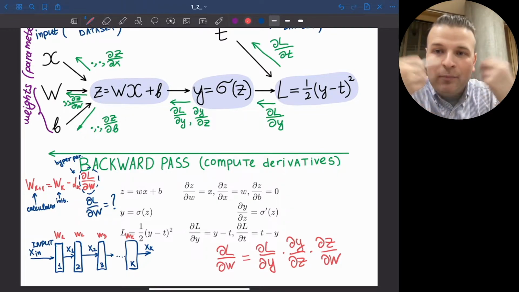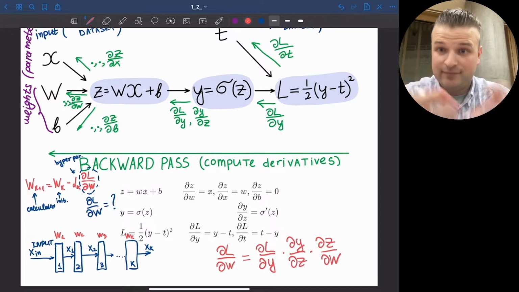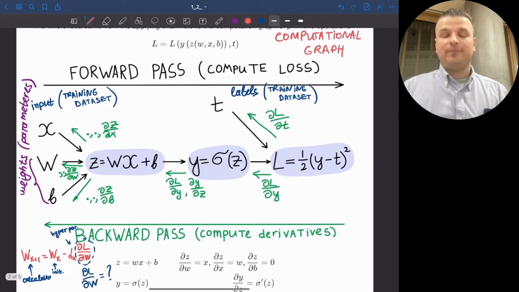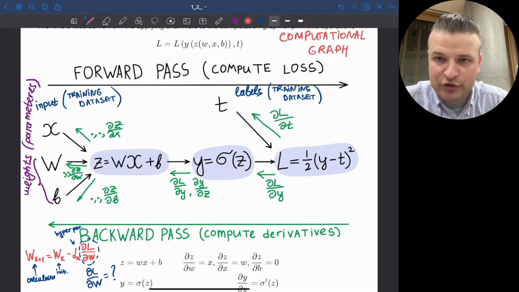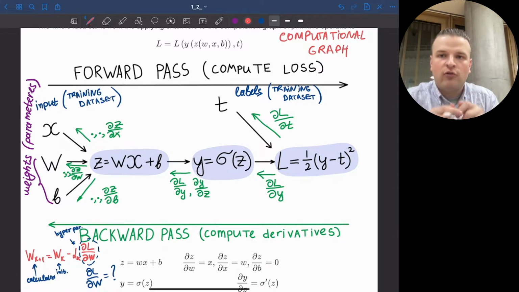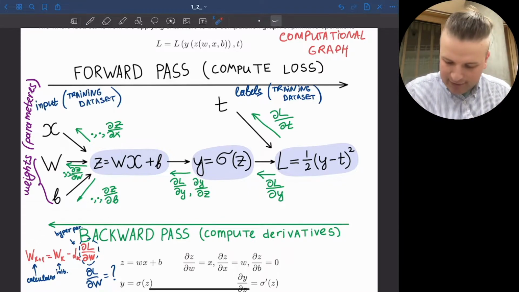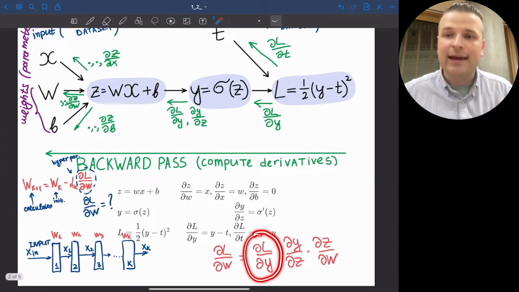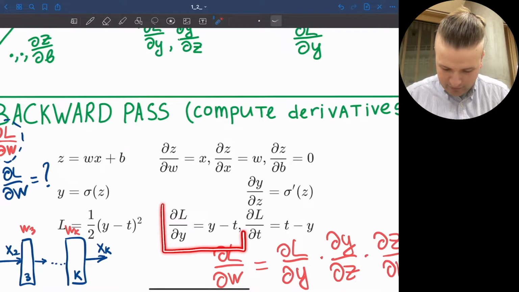But the whole magic here is how do we compute this multiplication? And we just rely on a computational graph here. So if we have a computational graph, we can just go from the very end to the very beginning of our process. Here, we firstly compute this derivative dl by dy, which is pretty simple.